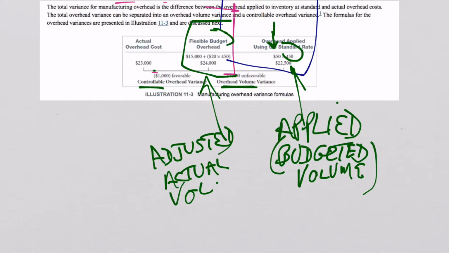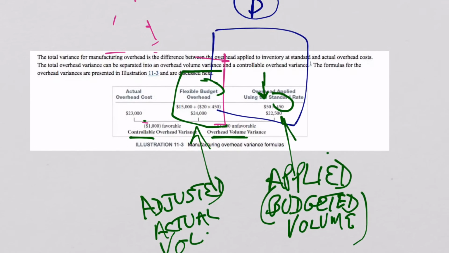To remind you, what happens is that when we compute the overhead rate, we're computing it at an expected volume amount. In this case, it was at 15,000.